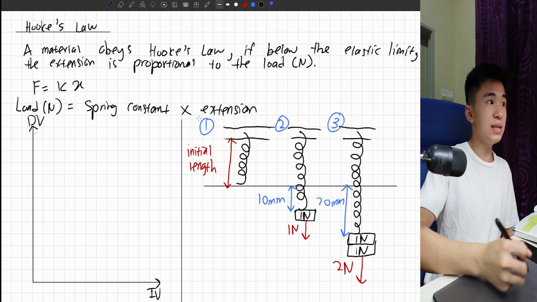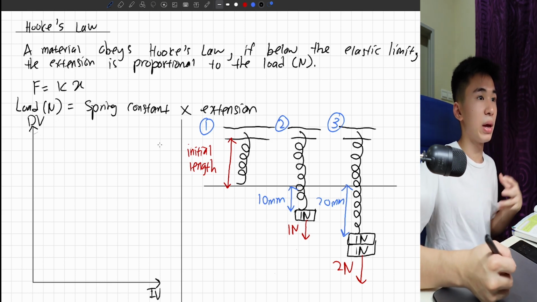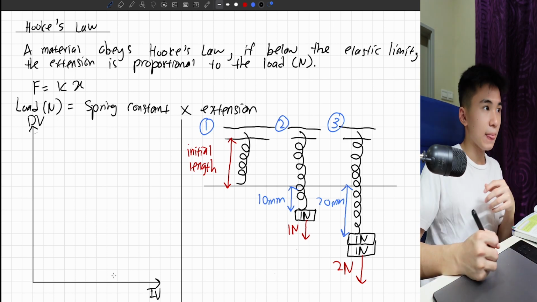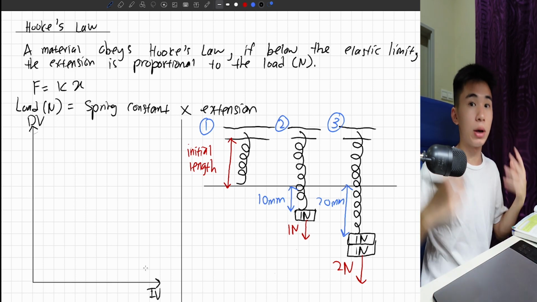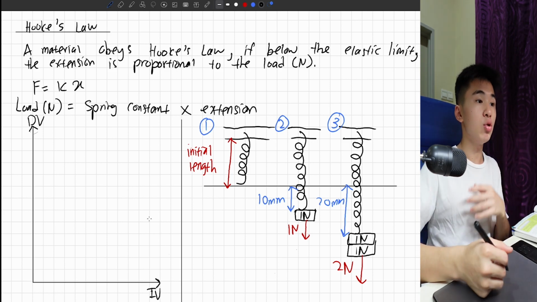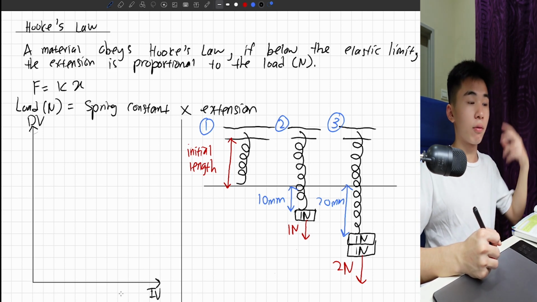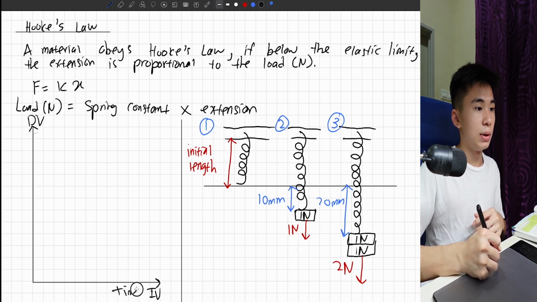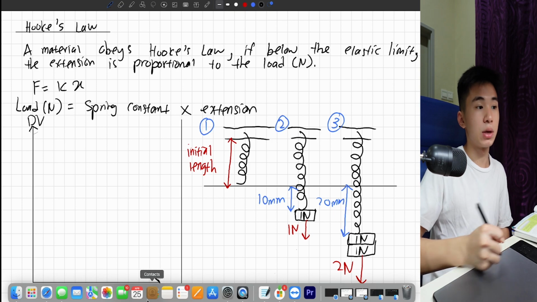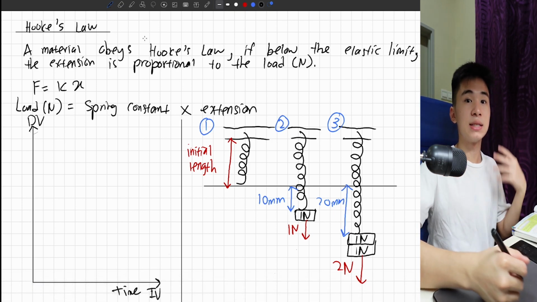So in this case, the independent variable will be the load, because load is independent, we can add as much load as we want. No one can control us. So you will notice that in all those speed-time graphs, time is on the x-axis, because we can't really control time. Time is independent.